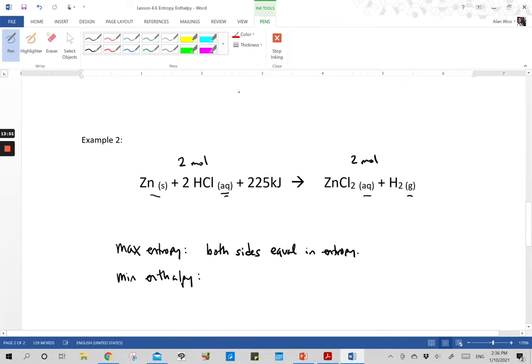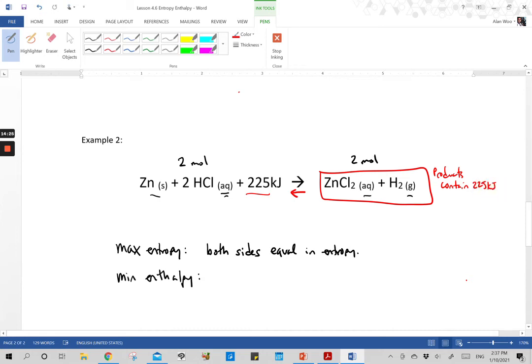Okay, so when we again look at this equilibrium reaction, if you're going forward, from reactants to products, the reactants have to gain 225 kilojoules of heat energy. So that means the products contain 225 kilojoules.